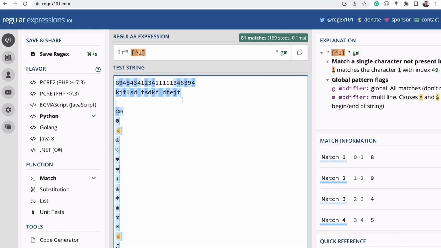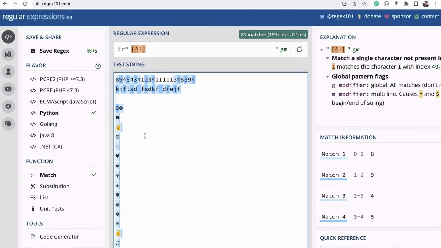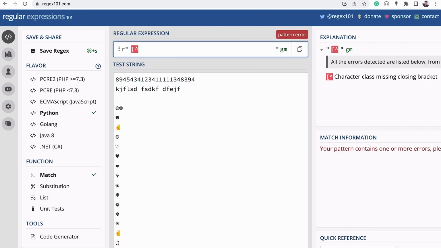Okay, coming to regex 101, we see that we have a text string, some random numbers are here, and over here I have copy pasted these smileys which are part of Unicode. So let's try to write a regular expression that will filter out only ASCII characters. So ASCII characters start from 0 and they go up to 7f, that is 127.